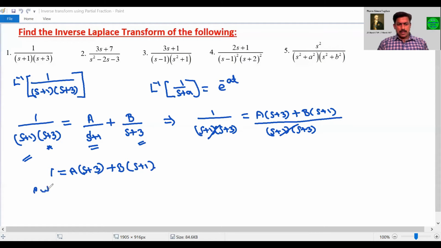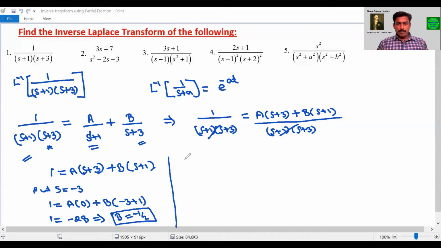Here put s equal to minus 3. Therefore, a into (minus 3 plus 3) will become 0, and b into (minus 3 plus 1), so we get 1 equals minus 2b, which implies b equals minus 1 by 2.